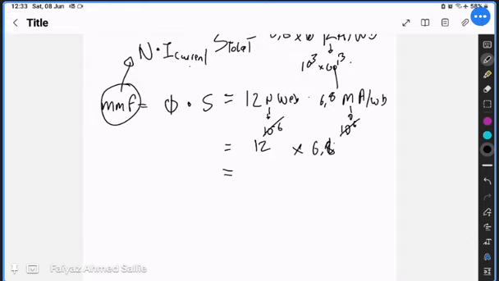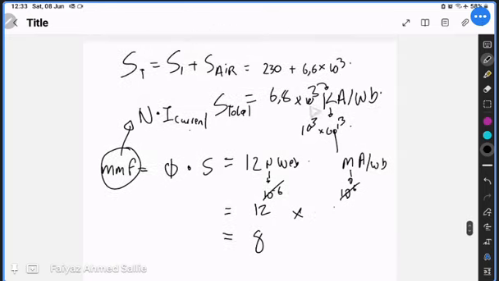So 12 multiplied by 6.8. This is actually 68. We convert it there. So we have an answer of 820.